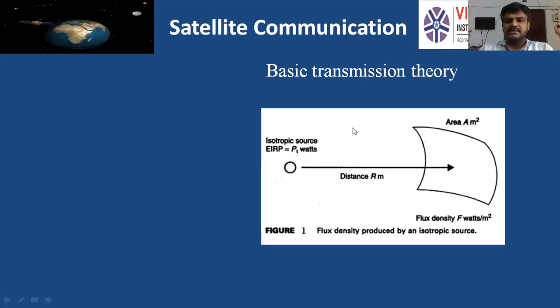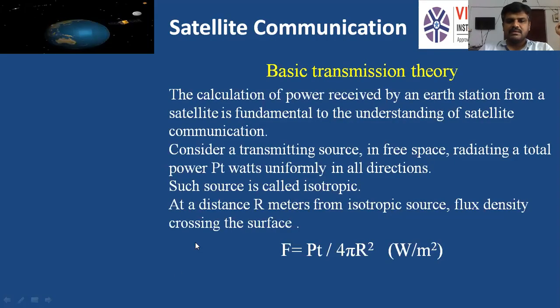This is the basic map of a transmitter and the receiver. Here the flux density is initially calculated. The flux density crossing the surface, that is F equal to Pt by 4 pi r square, where Pt is the power transmitted and r is the distance between the satellite and the receiver, that is earth station.